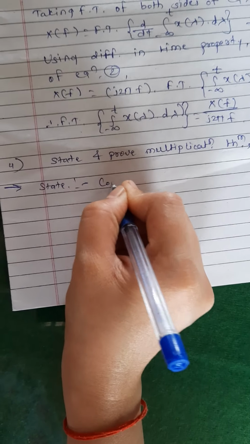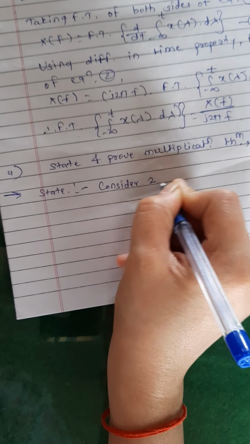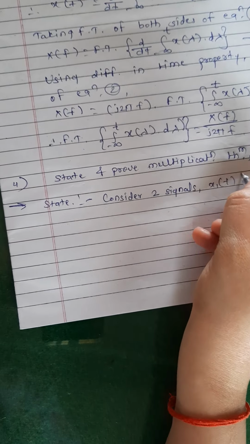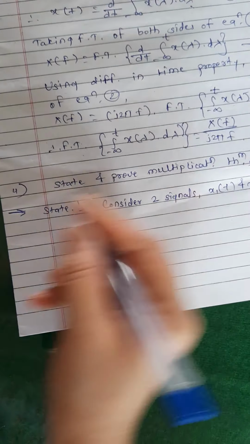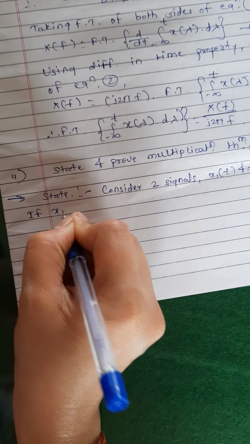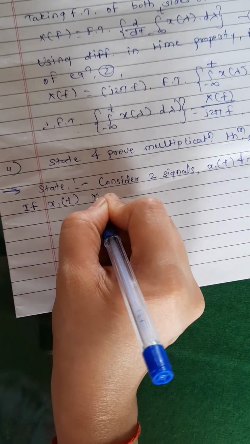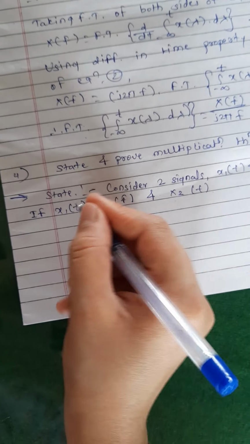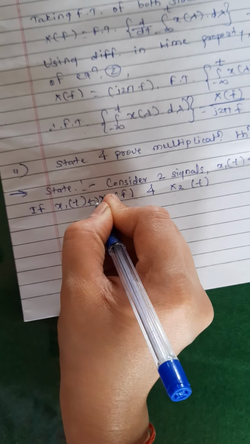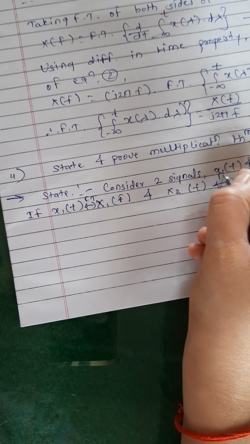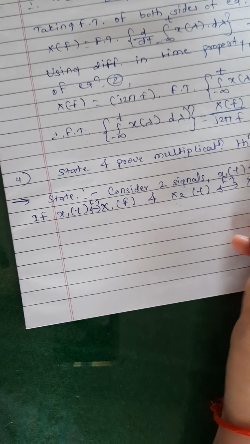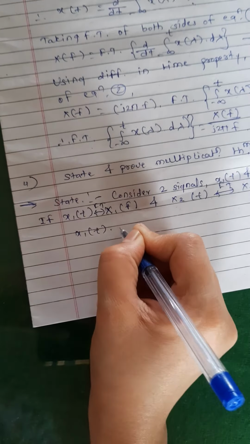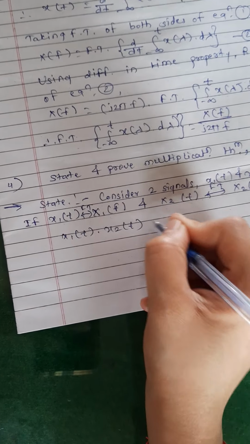So consider two signals x1(t) and x2(t). If x1(t) has Fourier transform X1(f) and x2(t) has its Fourier transform X2(f), then x1(t) into x2(t), this is multiplication.